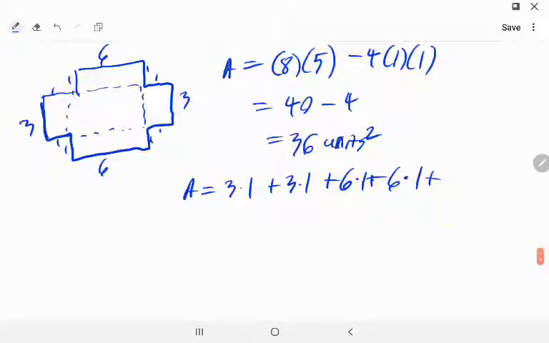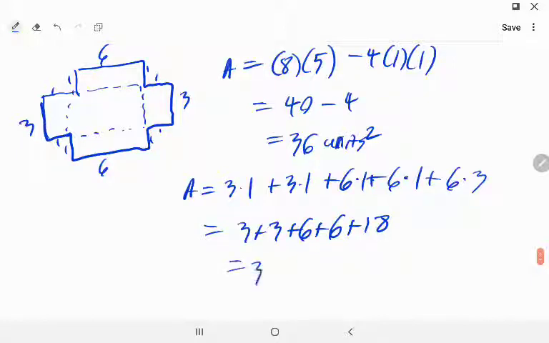Always be careful not to overthink things. And so we get 3 plus 3 plus 6 plus 6 plus 18. And so we get 36 square units again. Also notice that if you try doing it by two different routes, you should always get the same answer.